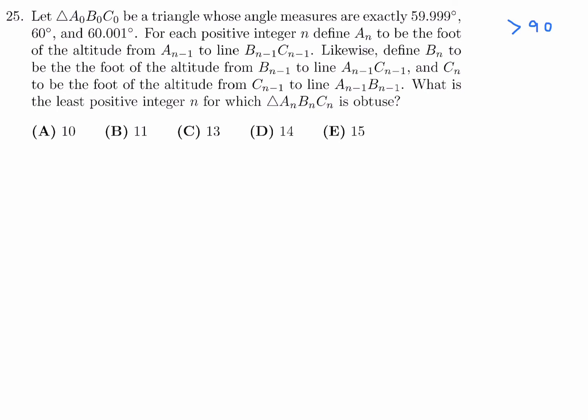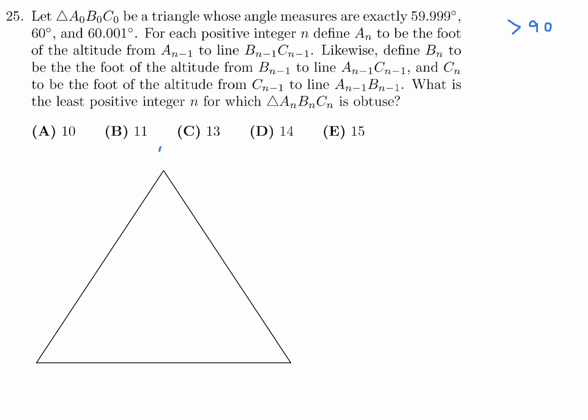All right, so let's draw what is an equilateral triangle, because it's very close to being an equilateral triangle when you first start out. If you look at the angles, they're very close to 60, 60, 60. Not exactly, but very close. So now let's work with this. Let's label it first A0, B0, and C0.